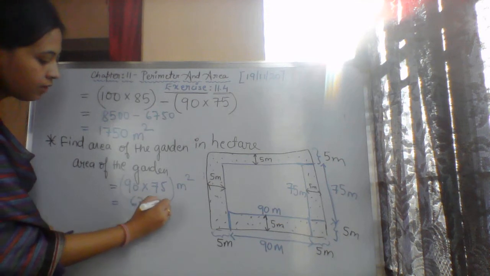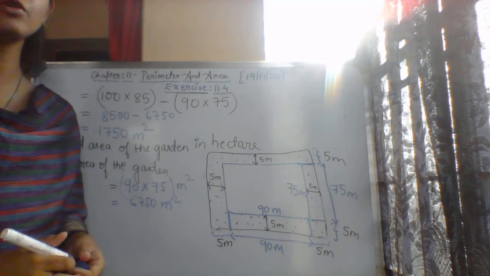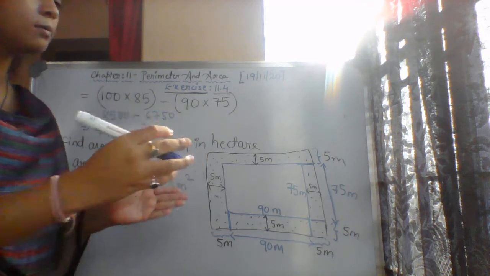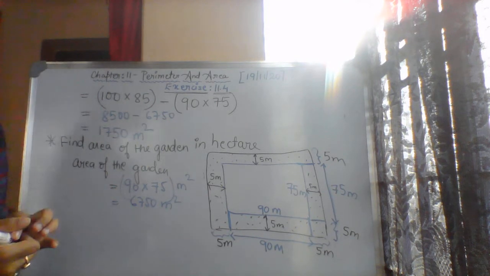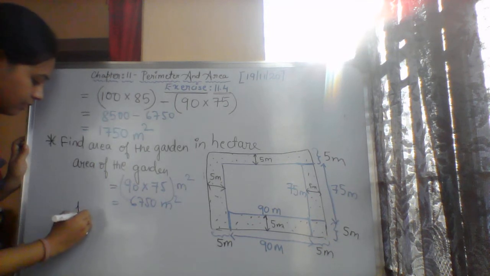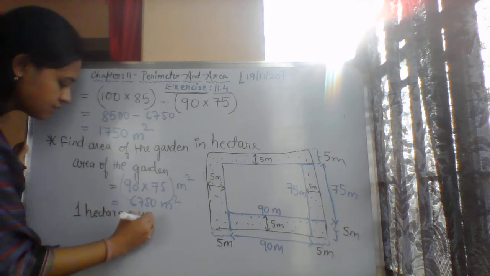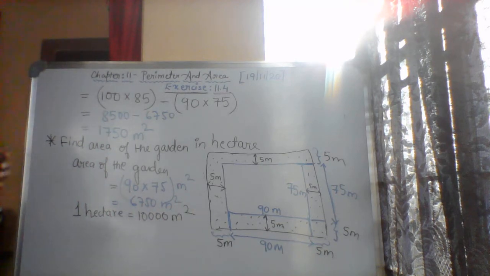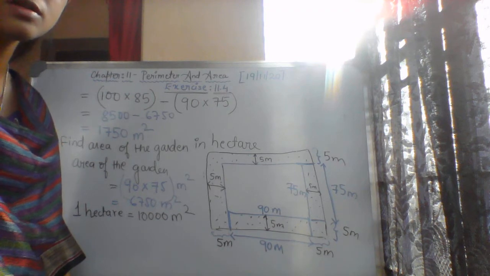Now we know the area of the garden in meter square, but we don't know it in hectare. So you must know how much hectare is 1 meter square. After knowing that only, we can convert. 1 hectare is given as 10,000 meters square.